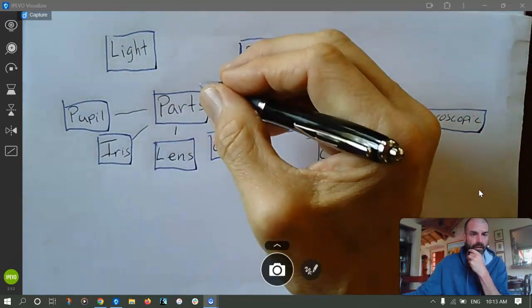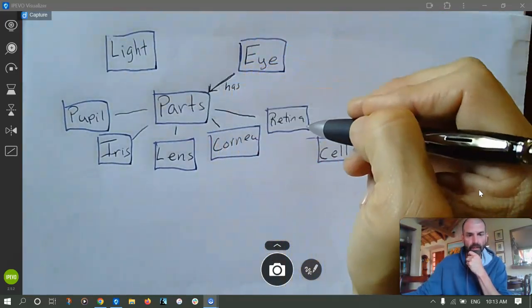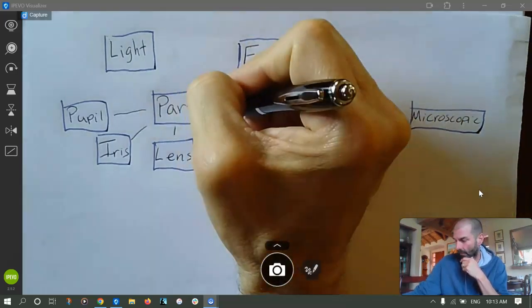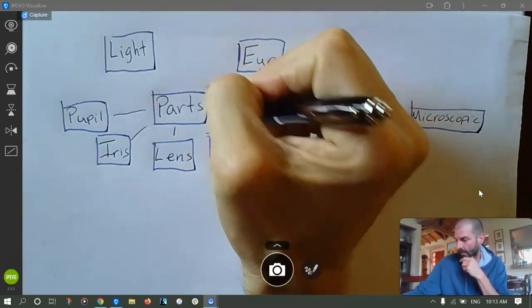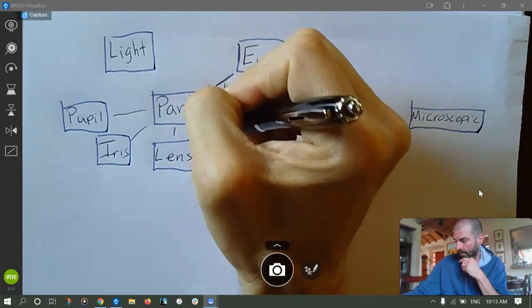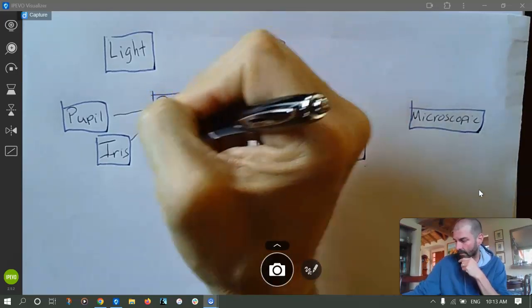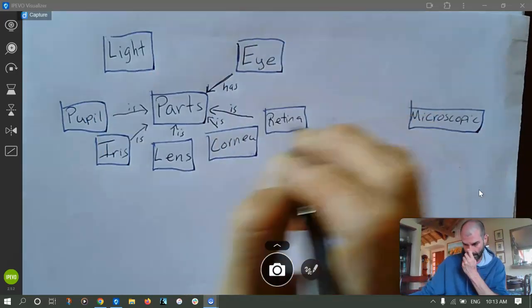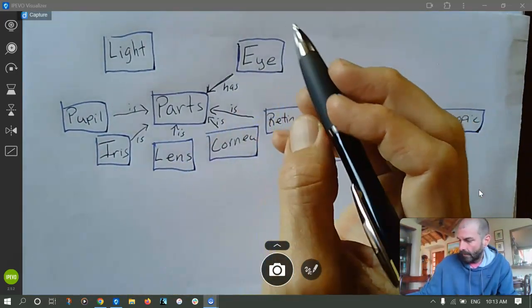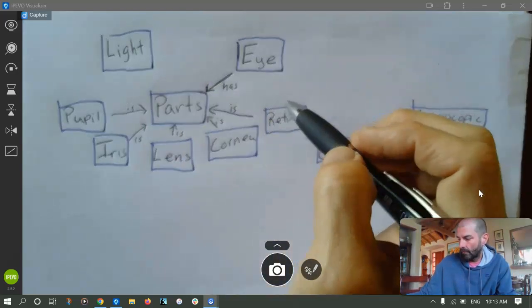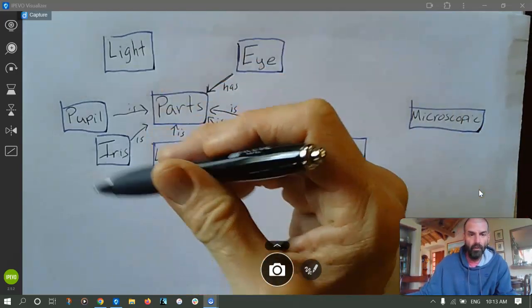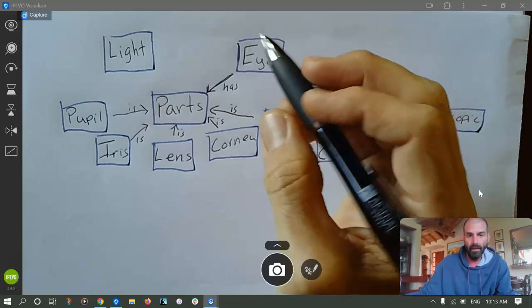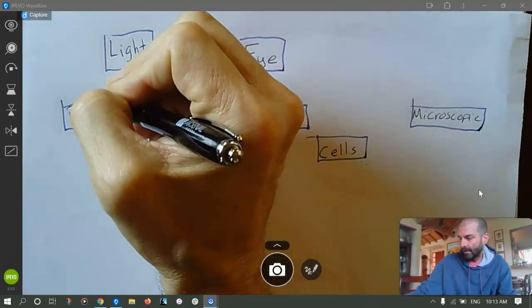Now, which way do I want these arrows? Do I want to go to the parts or the other way? So I'm going to go retina is, cornea is, lens is, iris is, pupil is. So now I have this group starting to get organized, but I have this word light up here.